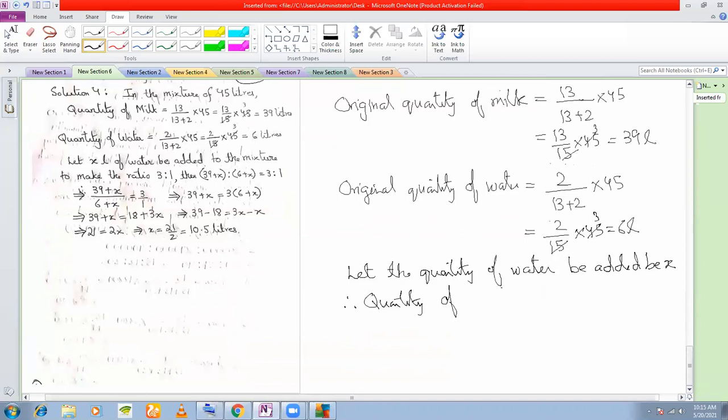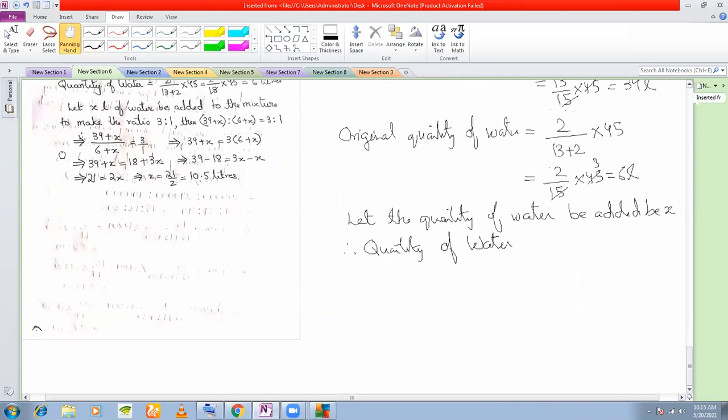So when I'm adding this, what is the change in quantity? Quantity of water now becomes equal to 6 plus x liters, right?